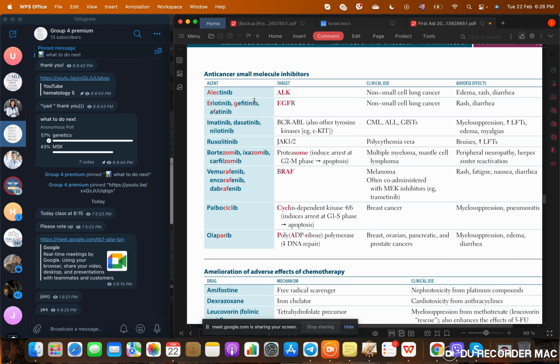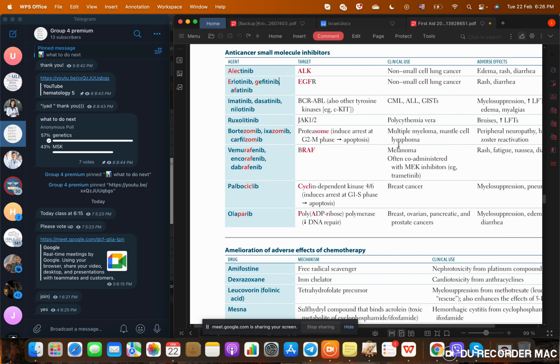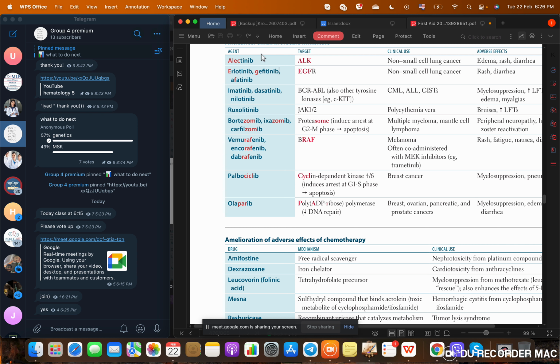The other tinibs here work at the EGFR, also for non-small cell lung cancer. These are not so high yield, but this one is: imatinib, dasatinib, and nilotinib, especially imatinib. Why? Because it's a tyrosine kinase inhibitor. Remember, the tyrosine kinase was created by the BCR-ABL translocation.